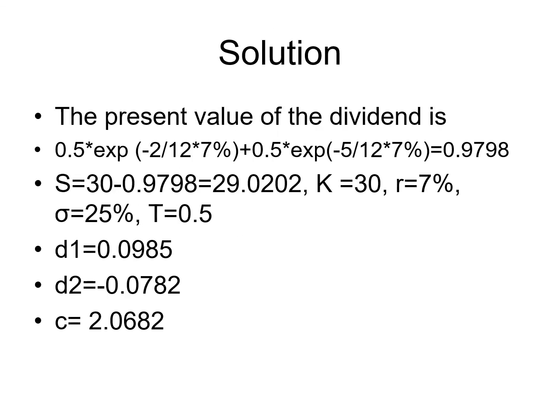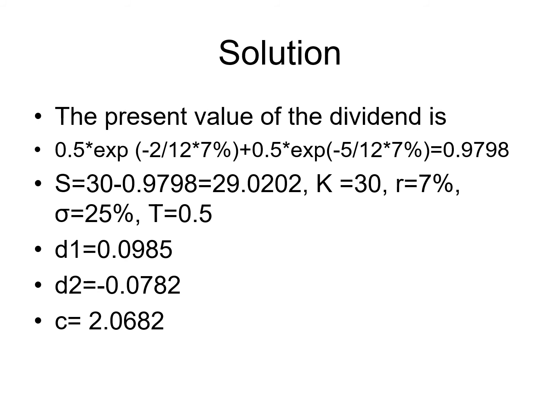Solution. The present value of the dividends is $0.50 discounted by 2 months, that's 2 over 12 times 7%, plus $0.50 discounted by 5 months, that is 5 over 12 times 7%. The result is 0.9798. So it's slightly less than $1 because it's $2.50 discounted.